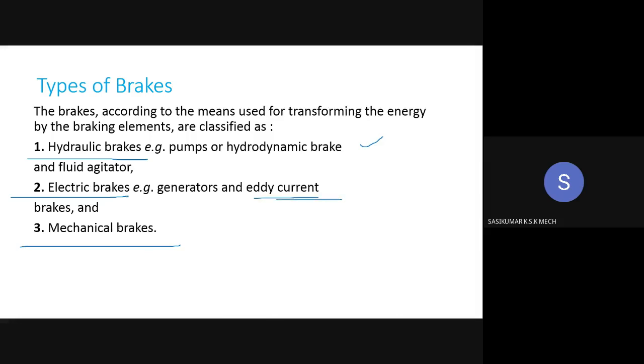Mechanical brakes are actuated by means of linkages and systems. You press a lever by hand or foot, and that force is applied to the brake shoe. The brake shoe once again offers frictional resistance to the rotating drum, so that the motion of the vehicle gets stopped.